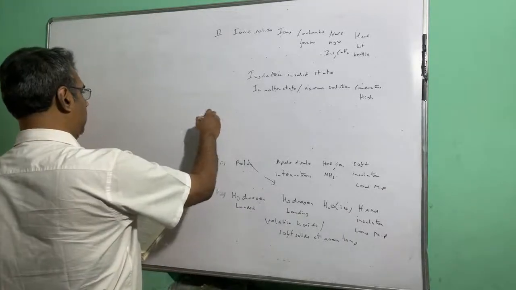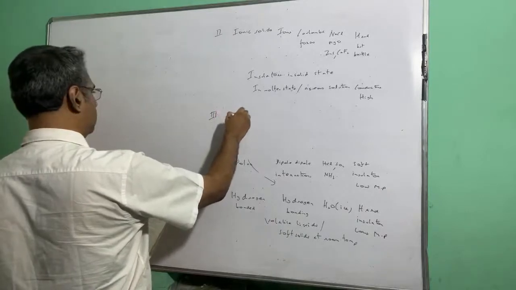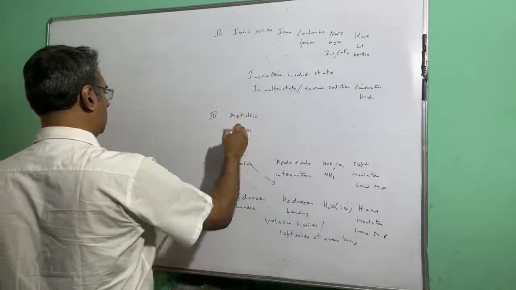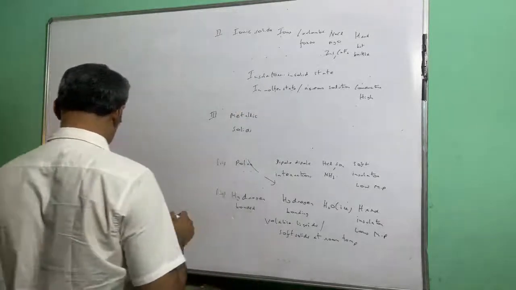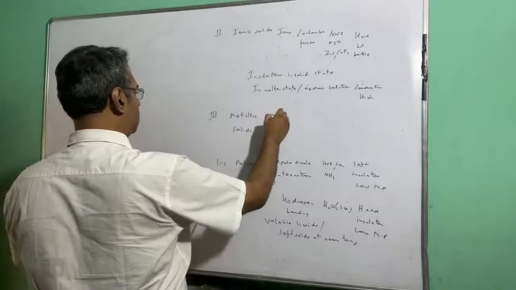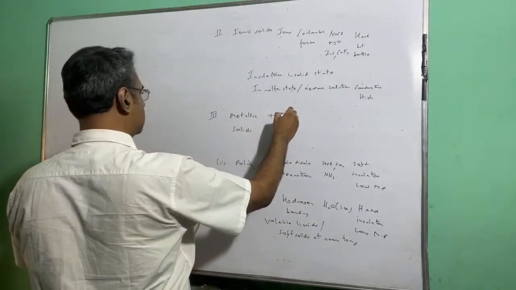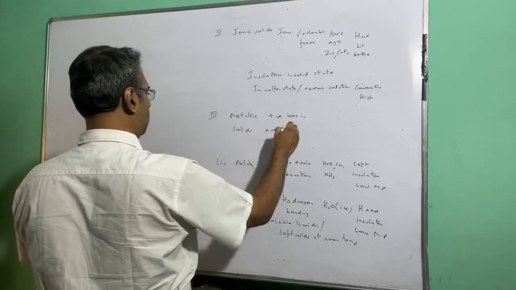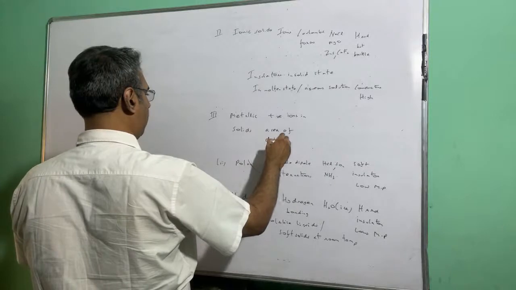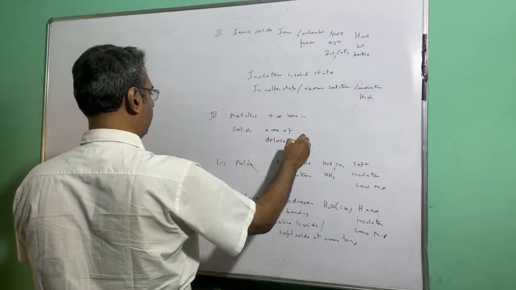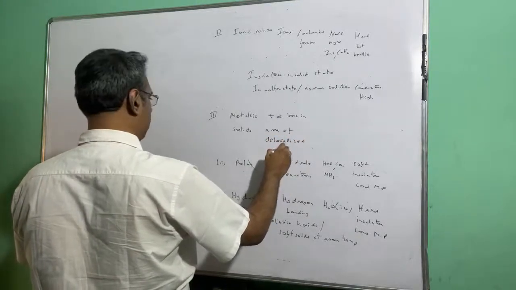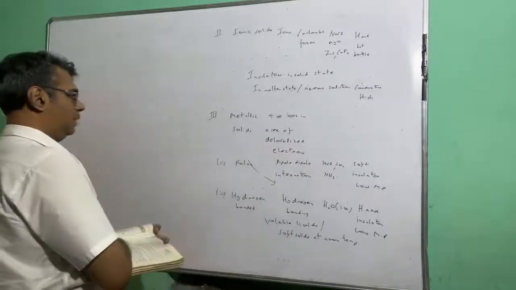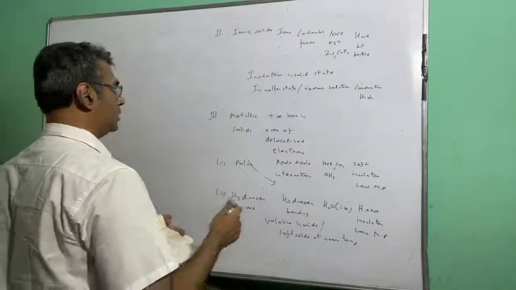Then we come to category number 3, that is metallic solids. Metallic solids are positive ions in a sea of delocalized electrons.